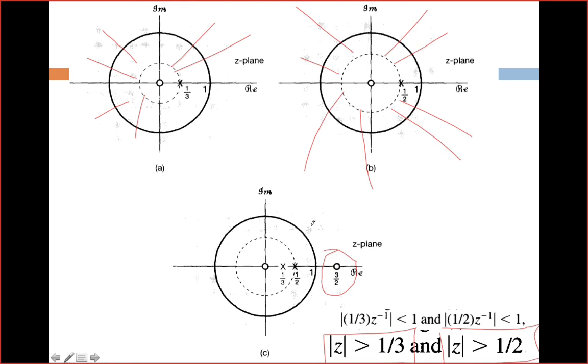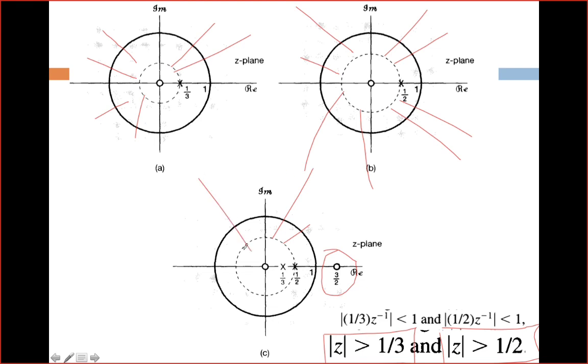Now we have to find the common portion of these two ROCs. Since 1/3 comes before 1/2, the common portion starts from 1/2.